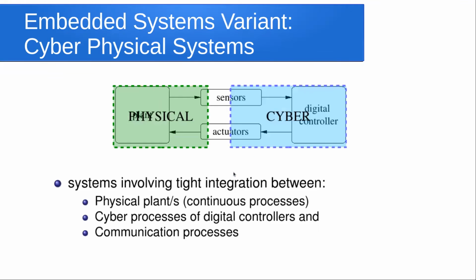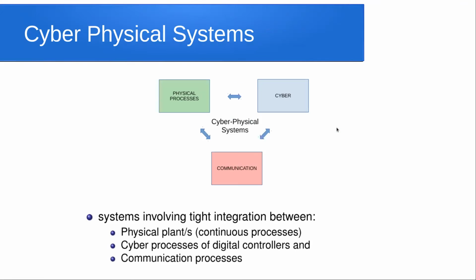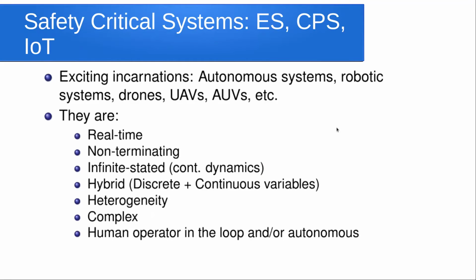For instance, in this case, this line itself corresponds to communication, right? Of course, there is an integration between the physical and cyber happening inside the node, and also the communication, because all in all, the final functionality is being delivered by this entire system, right?